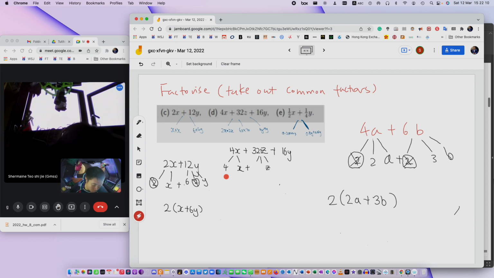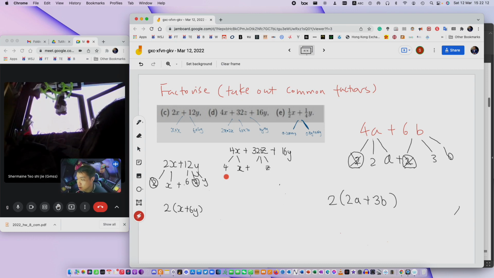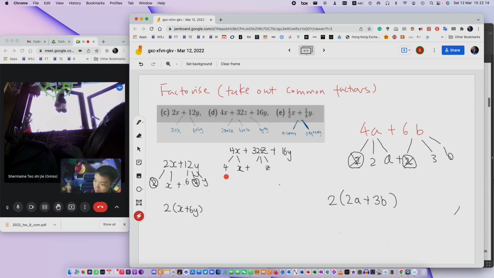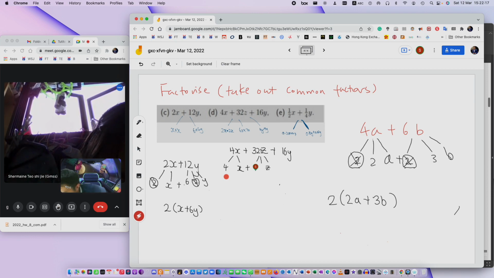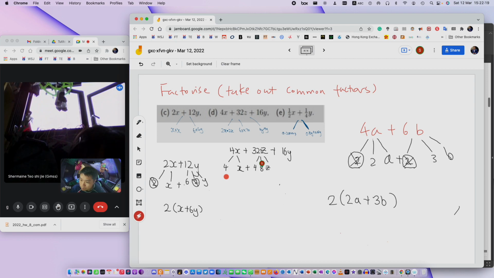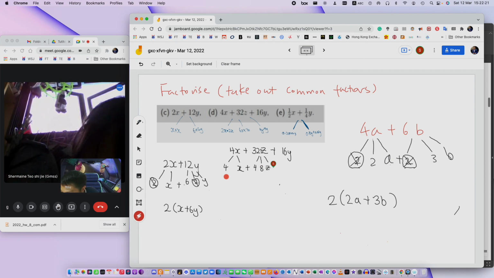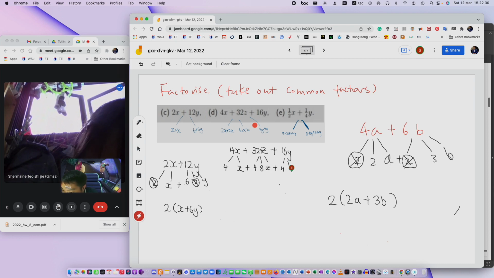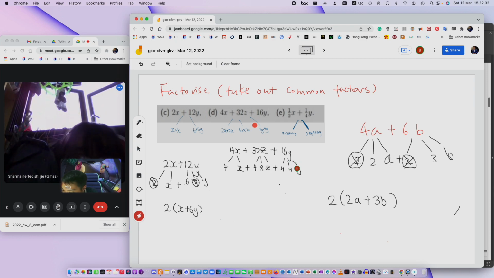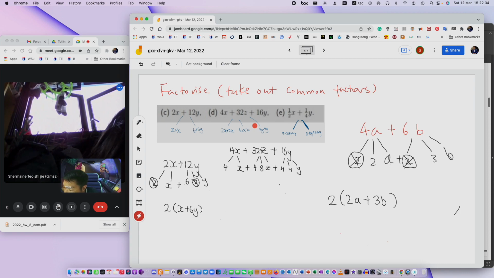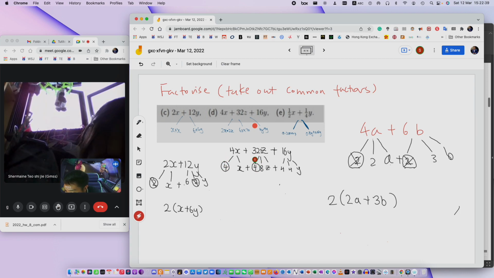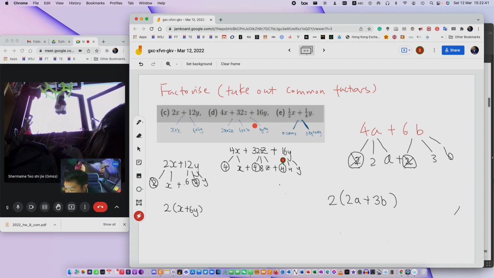You can use a calculator to help you out. See here. Good. Okay, stop here first.